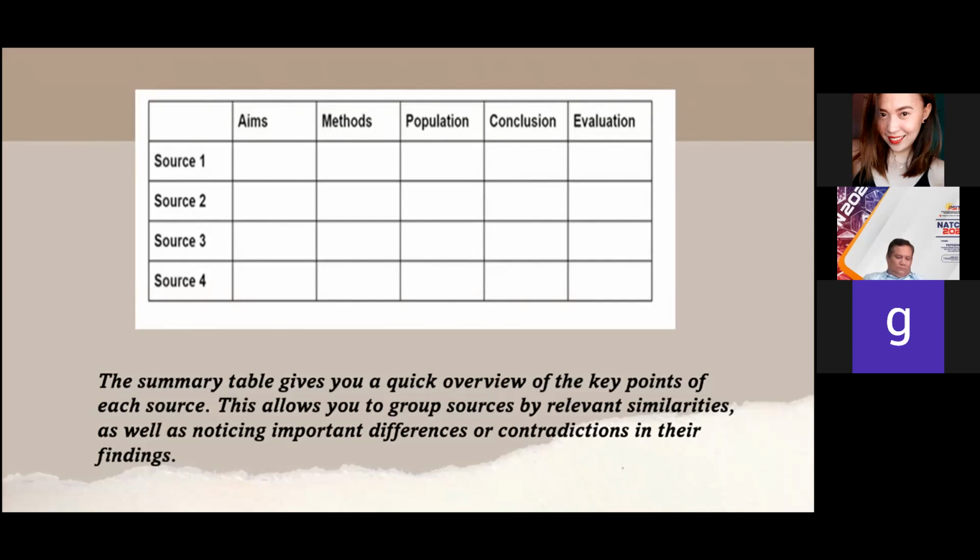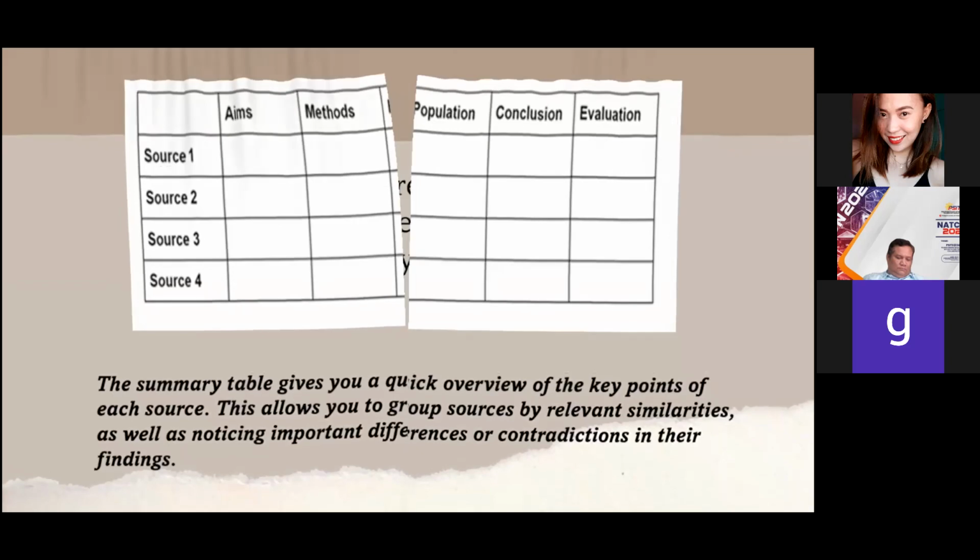So for each study, you briefly summarize each of these aspects. You can also include columns for your own evaluation and analysis. The summary table gives you a quick overview of the key points of each source. This allows you to group sources by relevant similarities, as well as noticing important differences or contradictions in their findings.